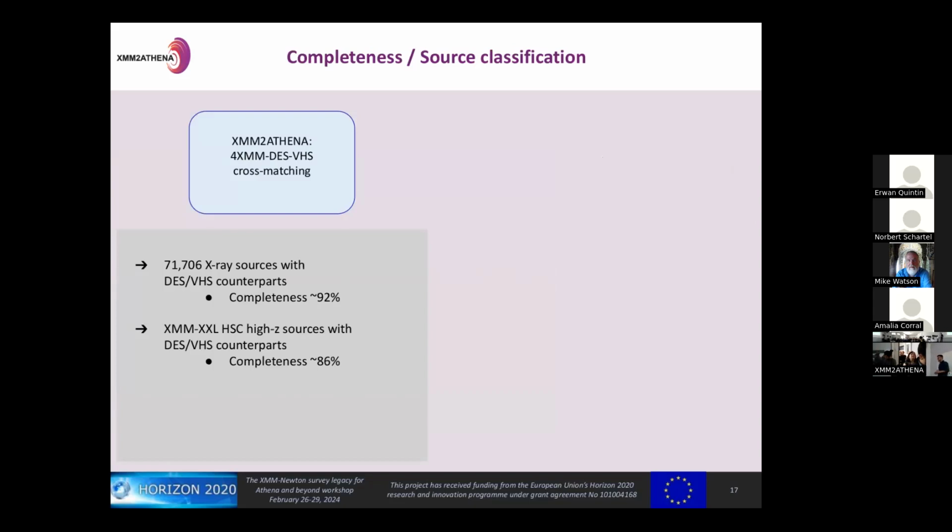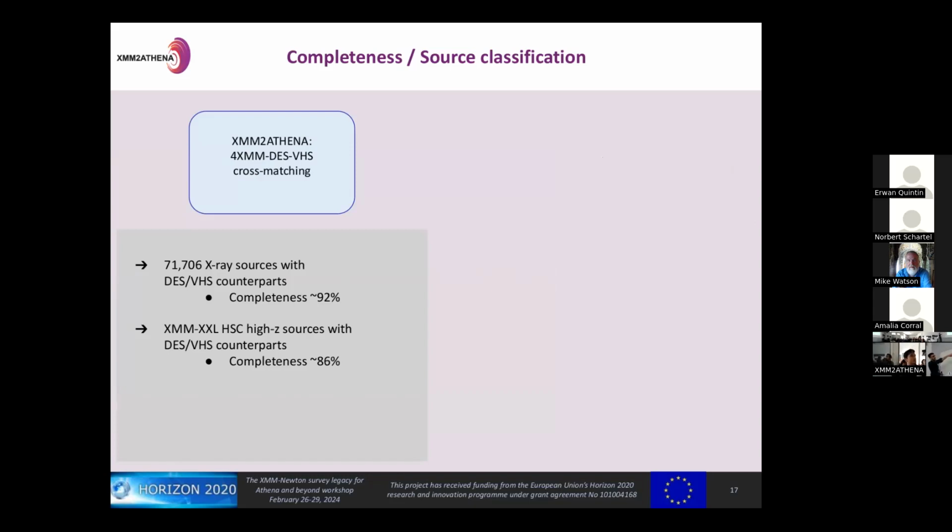So in this region, from the 4XMM catalog, we have almost 72,000 X-ray sources that have DES or VISTA counterparts, and we have a completeness that reaches 92%.